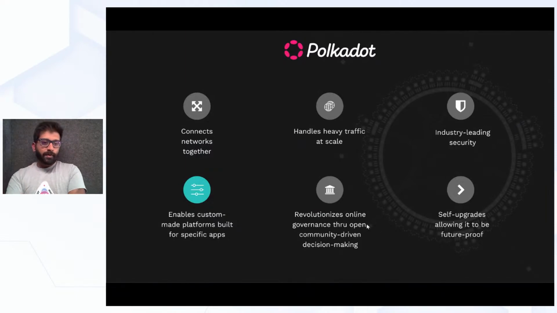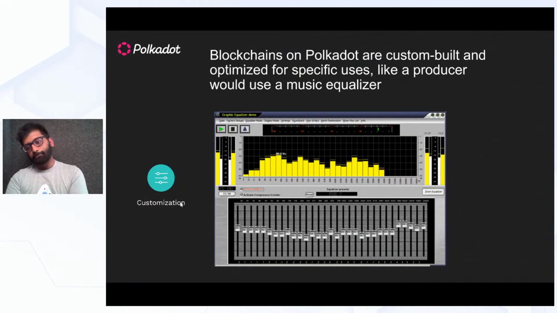All right, let's talk about what this feature means: enabling custom-made platforms to be built for specific apps. You can think of it this way. Blockchains on Polkadot can be custom built, and they can also be optimized for specific use cases.